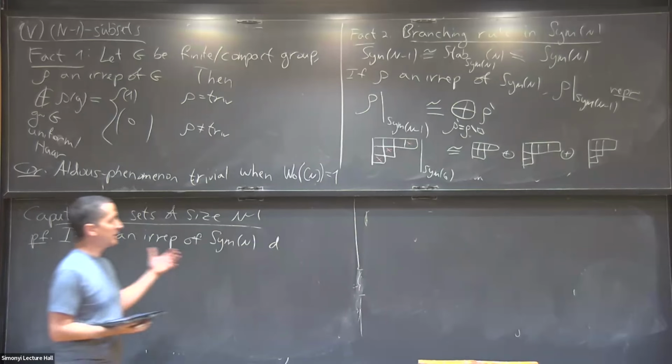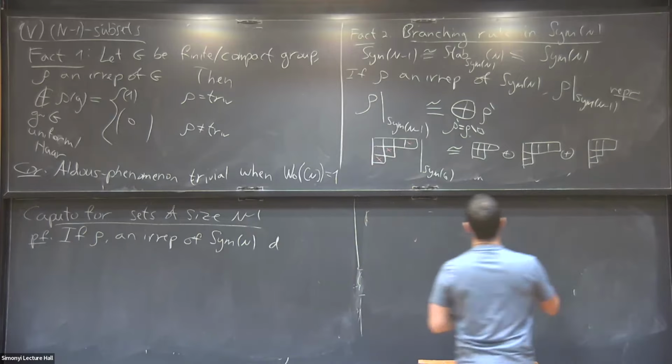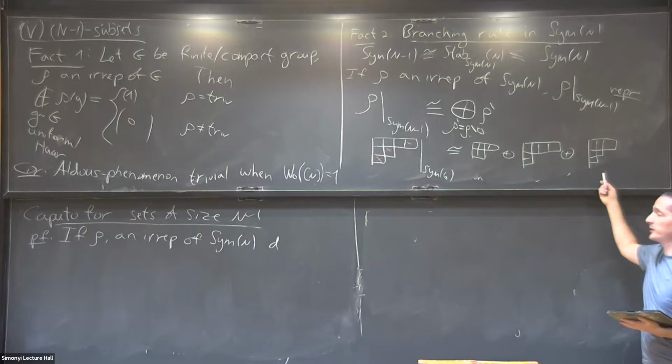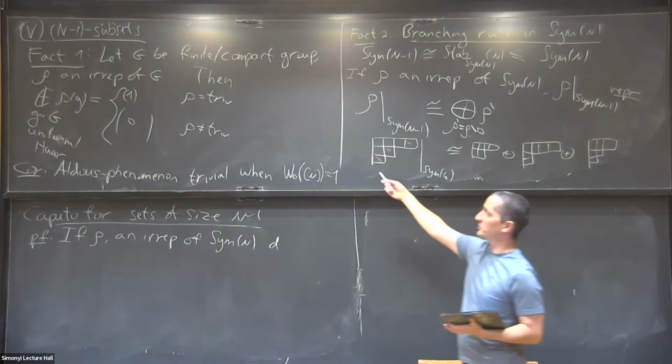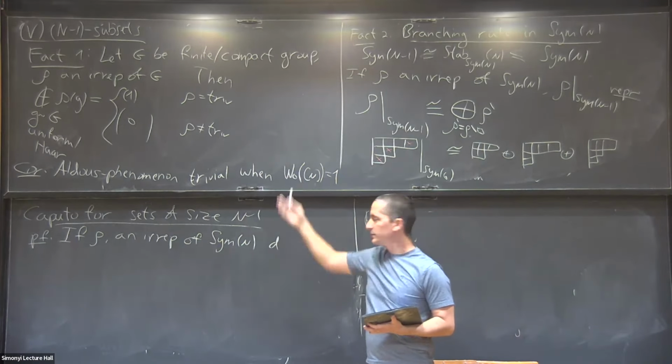Again, the expected value of this matrix, after I change the basis, I get the expected value of this, and then the expected value of this, and the expected value of this. But like we said before, this expected value is just 0 unless I get a trivial representation.